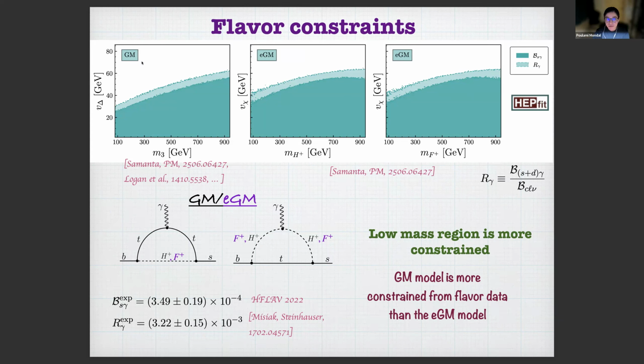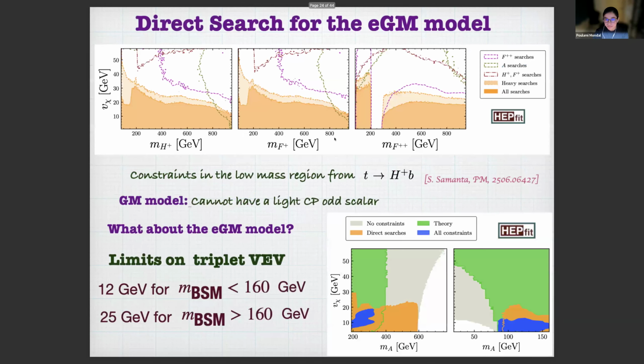For the Georgi-Machacek model, what we did was we took the latest 2022 HFLAV results, and we see that we get a little modification over the results present in the literature. But the new findings are for the extended Georgi-Machacek model.